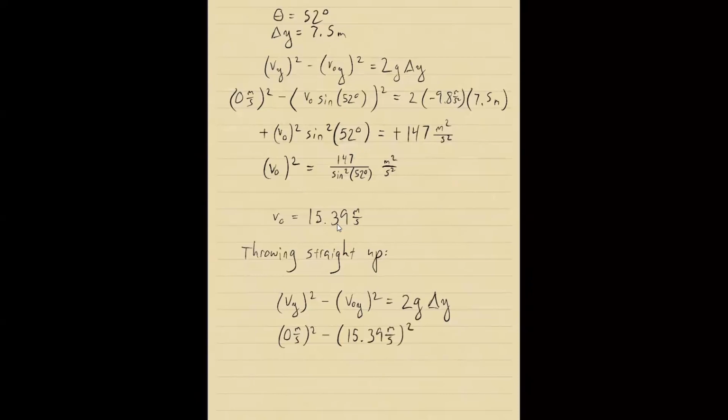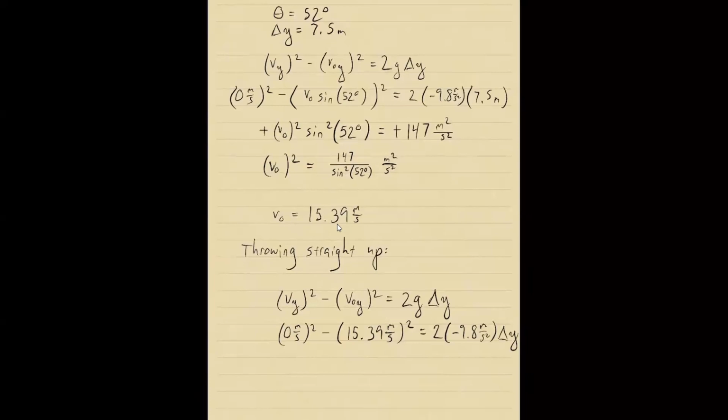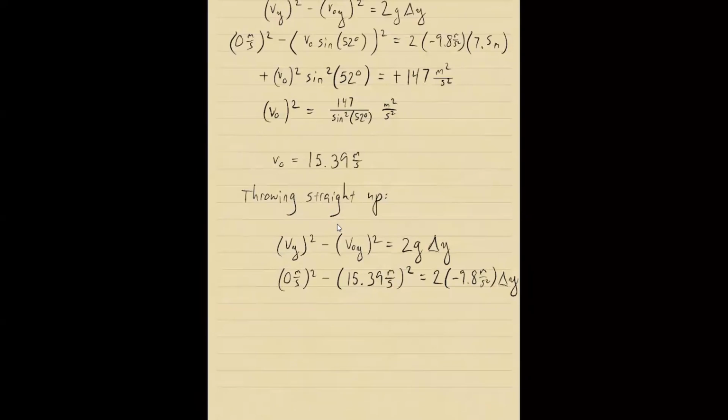We're going to square that. And on the right-hand side, we have 2 times the acceleration times delta y. The problem's asking us to find delta y. So 0 squared is still 0, and the left-hand side becomes minus 236.85 meters squared per second squared.